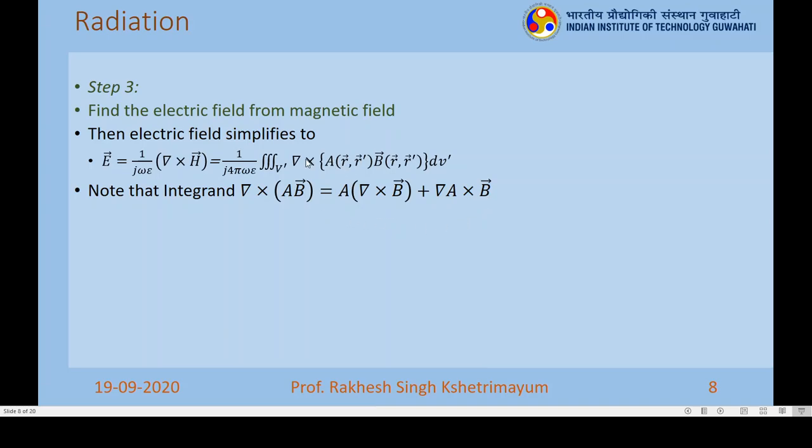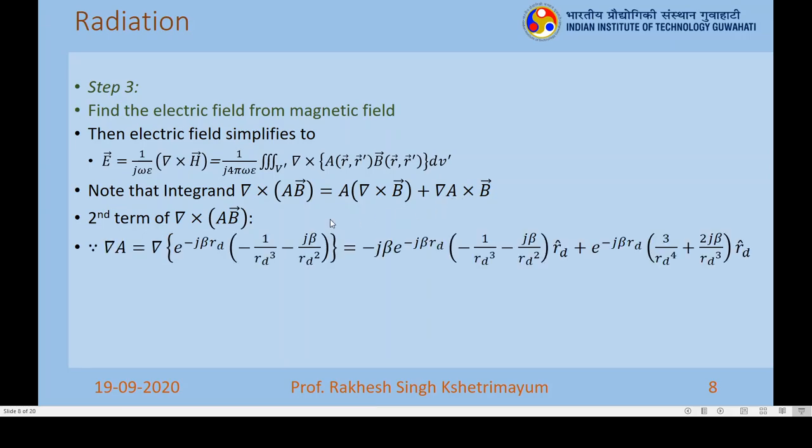So if I want to find this integrand here for the electric field expression, I have two terms, first term and second term. Let us try to find the second term first. In order to find the second term, which has a gradient of A, I know the expression for A. So I plug in the expression of A here. In the expression for A, I have a product of two functions.